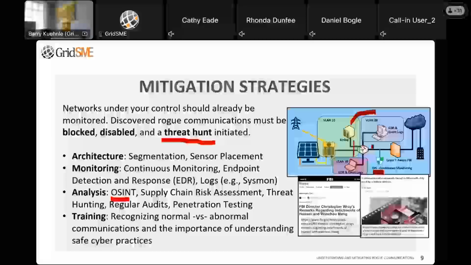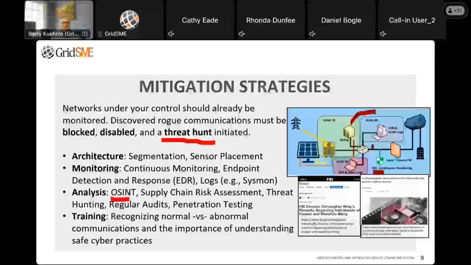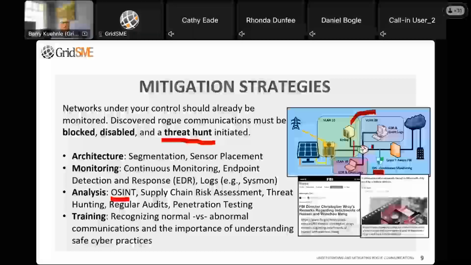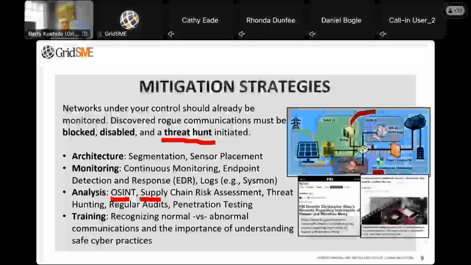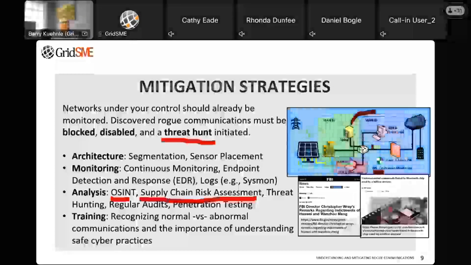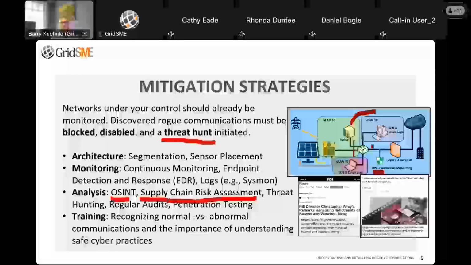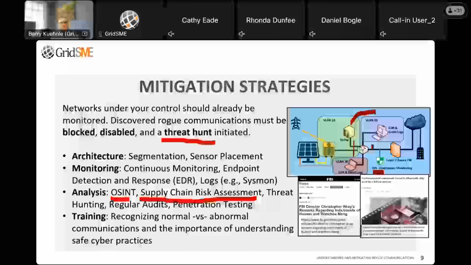Now, that was very high level open source intelligence. You can get very deep, and it's very important to understand how robust and how important open source intelligence is, because it directly feeds into your supply chain risk assessment process, which you want to do whenever you're purchasing a product.